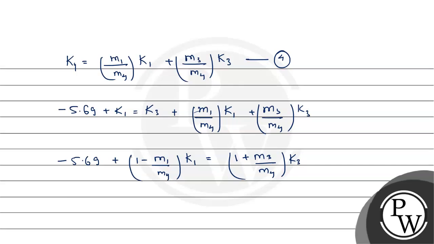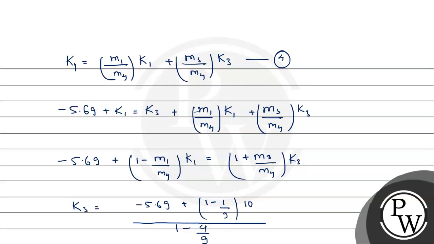So solving for k3, we have k3 is equal to minus 5.69 plus 1 minus m1 upon m4. We have the values of m1 and m4 which give 1 upon 9, and the value of k1 is given to us as 10, with 1 minus 4 by 9.